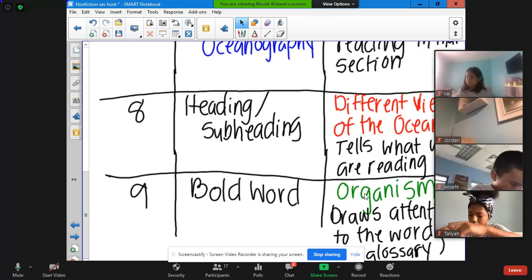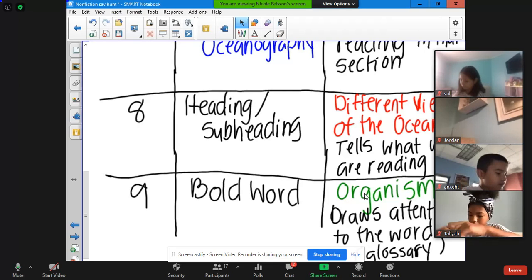Draws attention means it sticks out. They want that word to look different. They want it to really stand out in your eyes, in your mind, so that you know this word is very important. Also, this is a word I might not know. Usually bold words are more difficult words so that they can give you the definition in the back of the book, in the glossary. Okay. Sometimes you don't know what it means in the text feature. Then you look it up. Exactly.